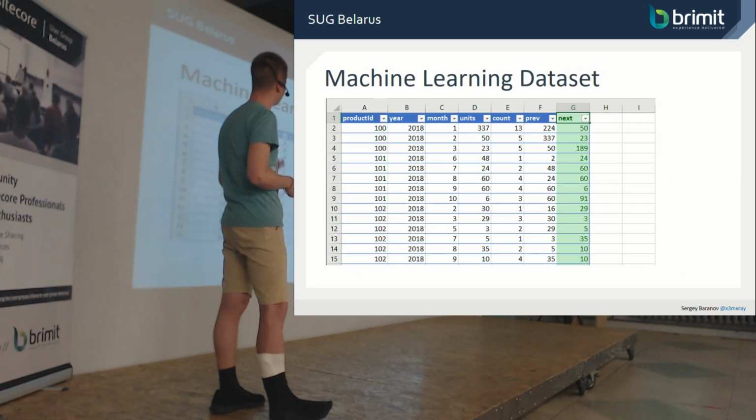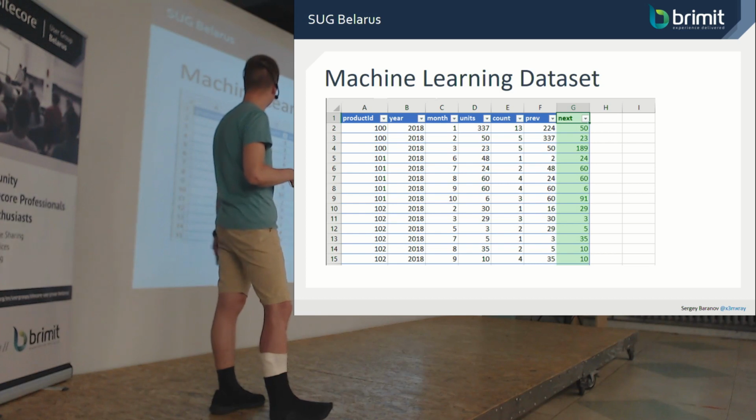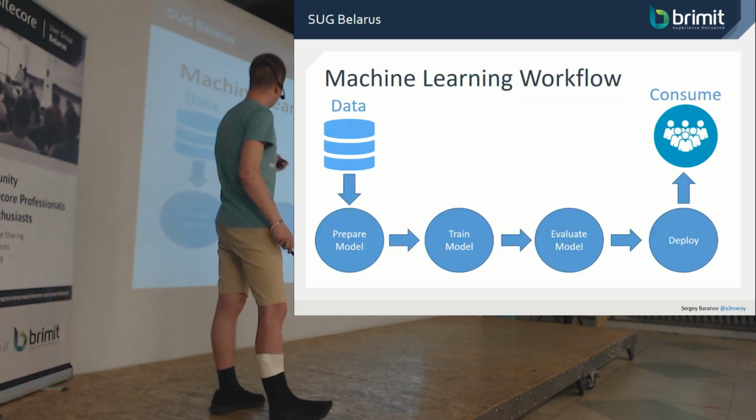For example, for my demo, I need a data structure like this. I need a product ID, growth by year, by month, total units sold in months, count of units in order, and so on.